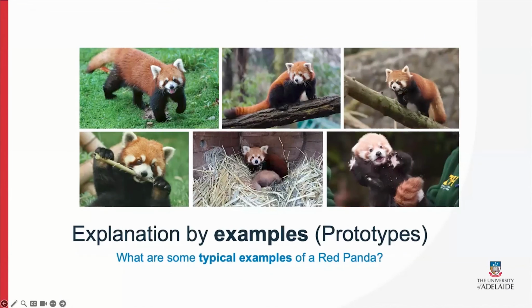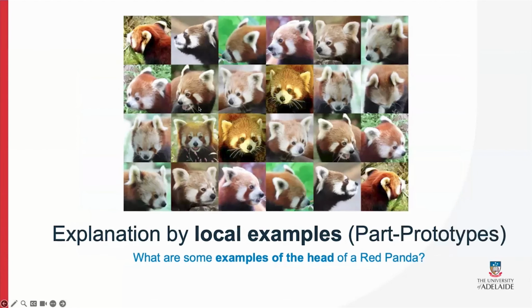So besides explaining the concept, one other way to explain is explanation by examples or prototypes. To predict an image as a red panda, we can show the typical examples of a red panda, like these images. To make it more fine-grained, we can explain with local examples.